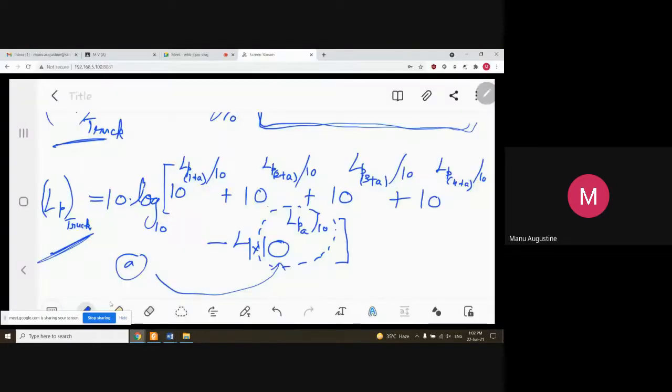I'm sorry, let me show you the screen. See, I will explain once again because I was displaying some other screen and explaining it over here. LP of the truck can also be calculated by first adding up the components that are given in the problem.